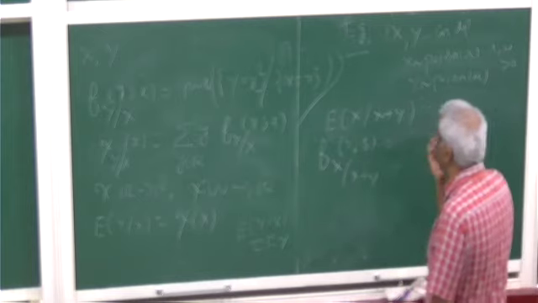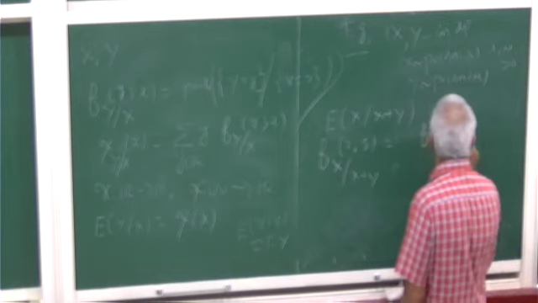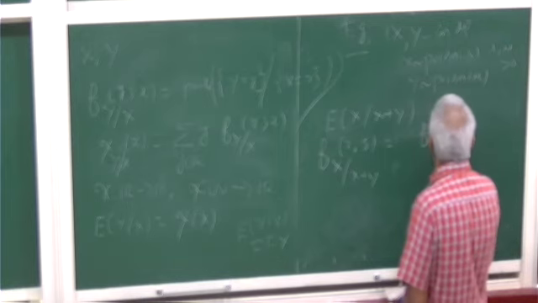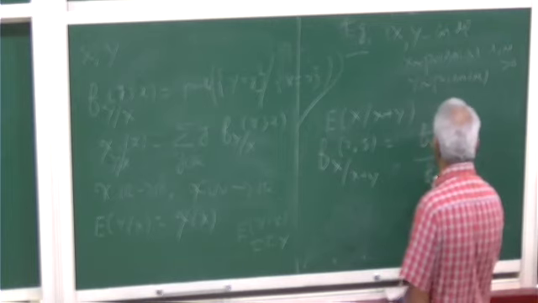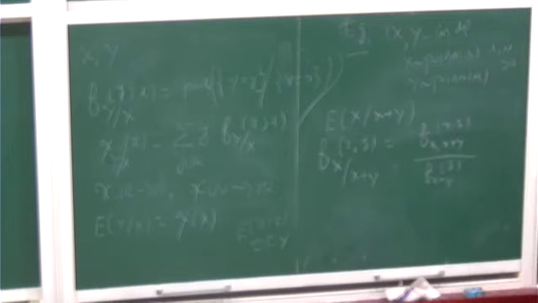So this is just the joint density f of x comma x plus y at (x, z), divided by f of x plus y at z. These are all integers; I'm just writing x and z.